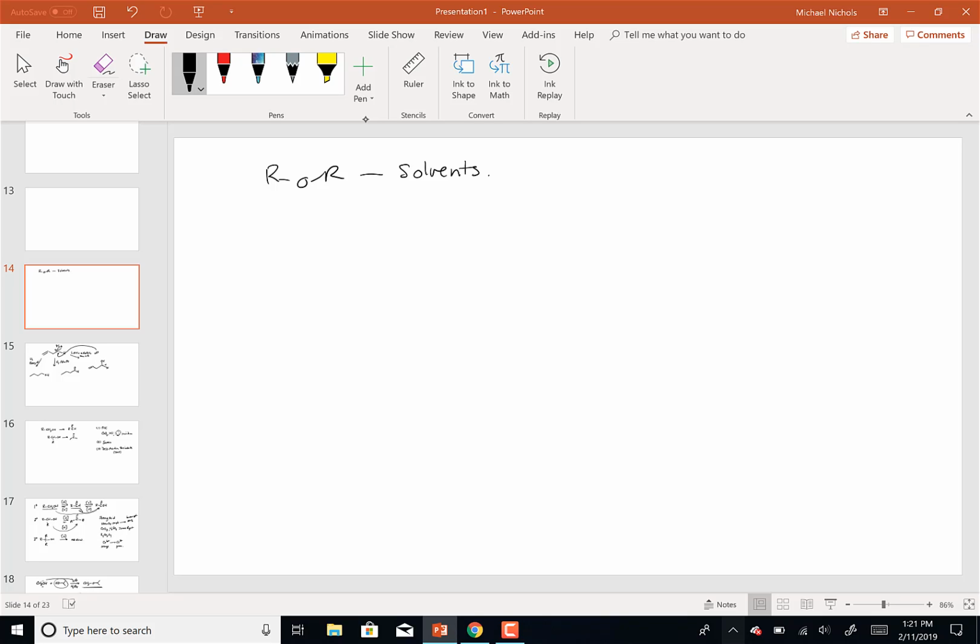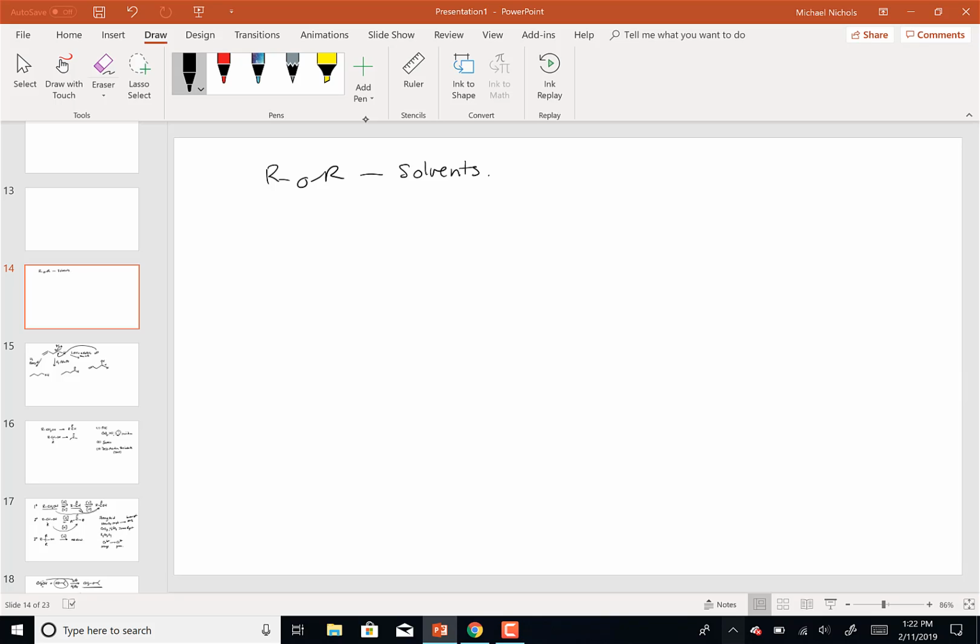The chapter on ethers is really short because as physical properties go, they have fairly low intermolecular forces, lower boiling points, they're flammable, and they form peroxides. And so I'll talk about those because those are the most important physical properties to avoid: peroxides and flammability.